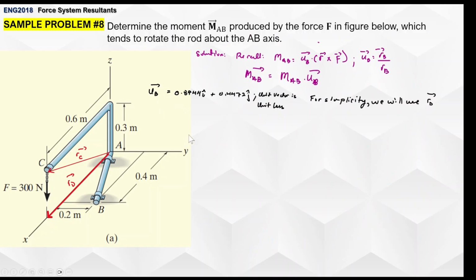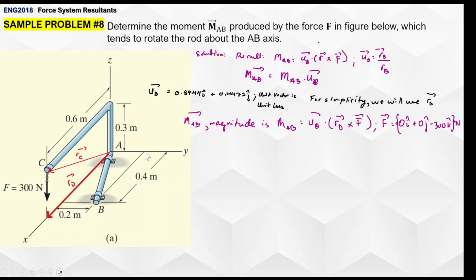Okay, so let's just summarize this. So far we have the unit vector UV here, and for RD, there we go. We define the force here at this particular point, so that's 0i, 0j, minus 300k.